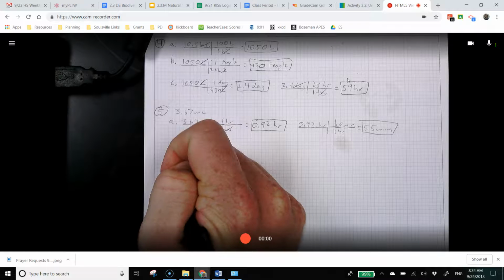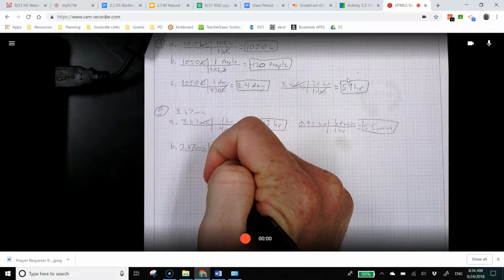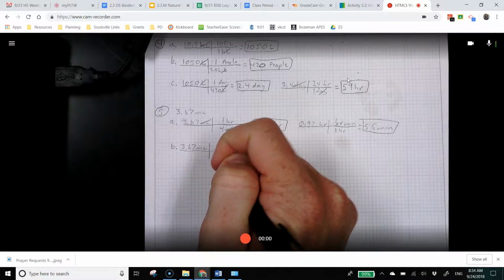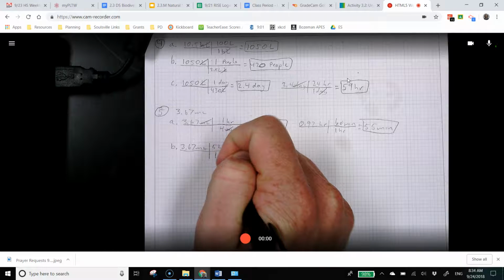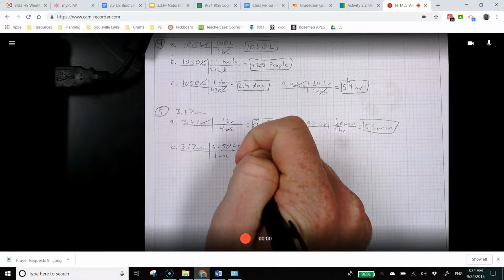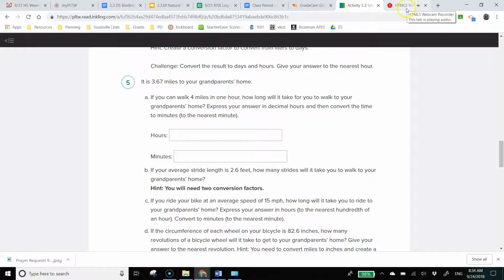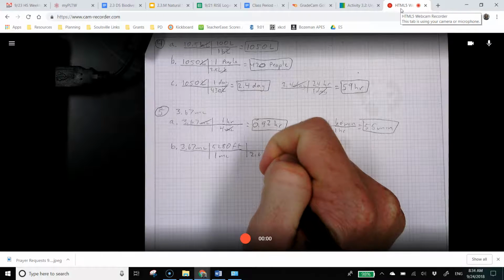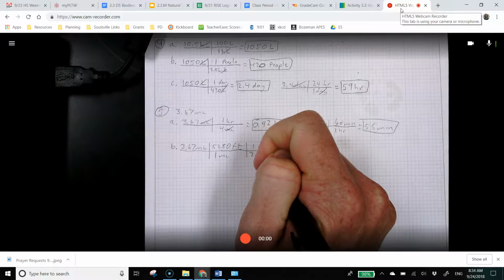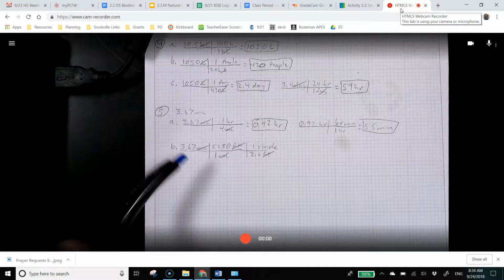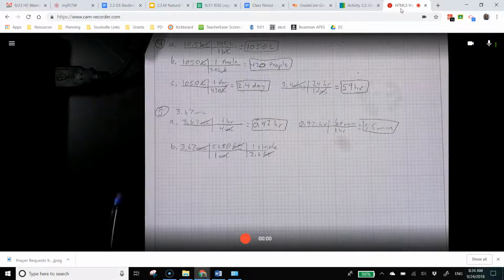Start with 3.67 miles. I'm going to convert that first to feet. And if you look up on your conversion table chart, you'll see that 1 mile is 5,280 feet. And then it told me that my stride is 2.6 feet, so I'm going to put 2.6 feet per 1 stride. Now I can cross out feet, I can cross out miles, and so I'll have my answer in strides, which is what I want.